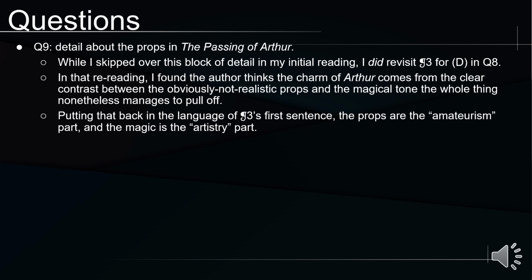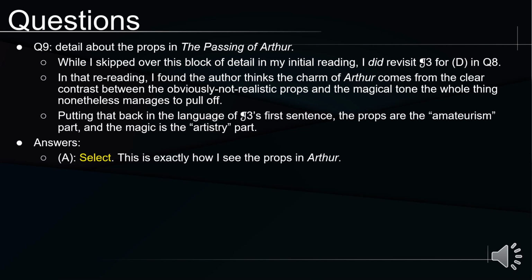There's the obvious unrealisticness of the props that are clearly identifiable as everyday objects and not anything super special. But despite the obvious unfittingness of the props, the overall work ended up taking on a magical tone, according to our author. And so, if I had to match up those two elements with the language of the first sentence of paragraph 3, this is where I'd fit them in. Props is attached to amateurism, magic is attached to artistry.